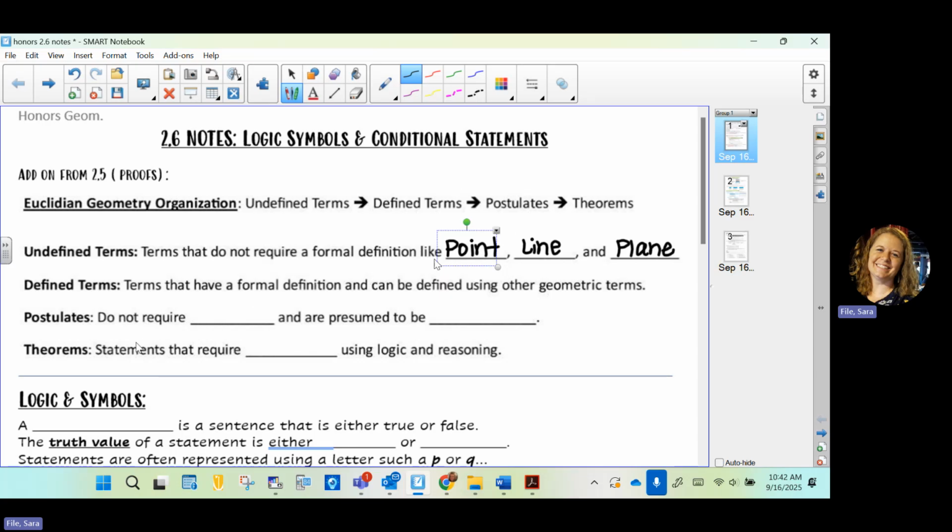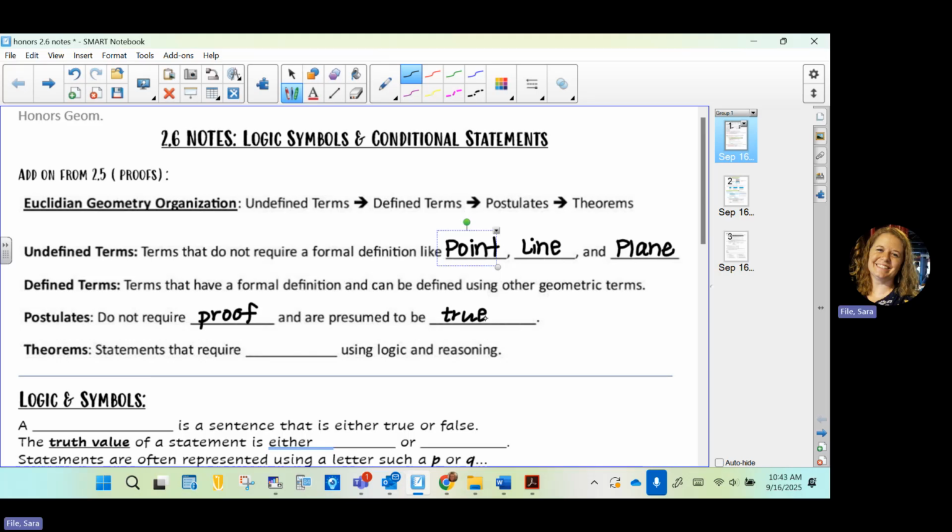I told you we talk about the difference in a postulate and a theorem because these are both used. There are postulates and theorems that can be used for our reason column in our proofs. We went over some of those postulates and theorems in yesterday's notes. But the difference is a postulate does not require proof, and it's presumed or accepted as true.